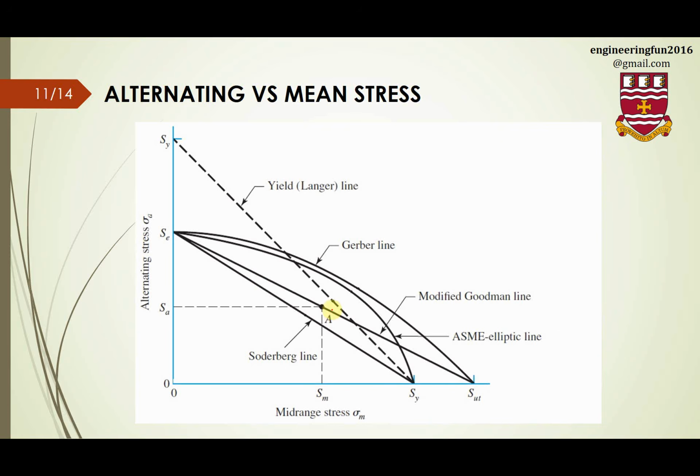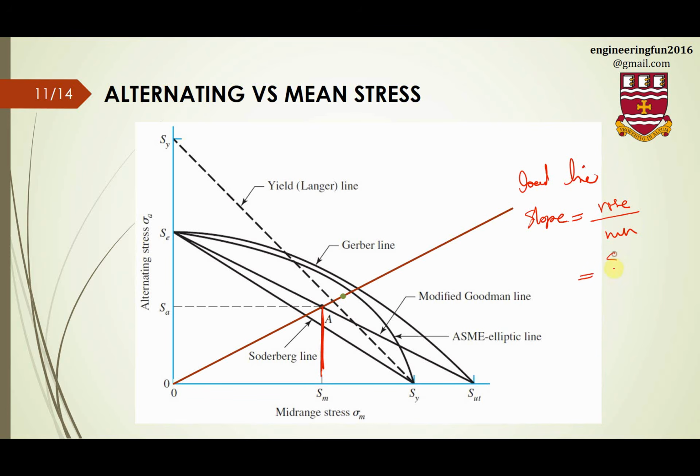If this is our point A, the load point, we can draw a straight line between the origin and the point, and that line is called the load line. So this is the load line. The slope of the load line is rise over run.